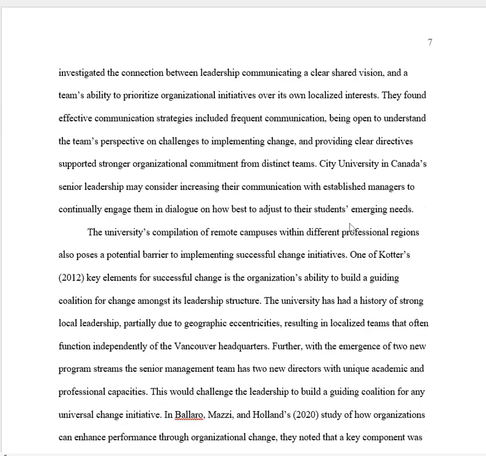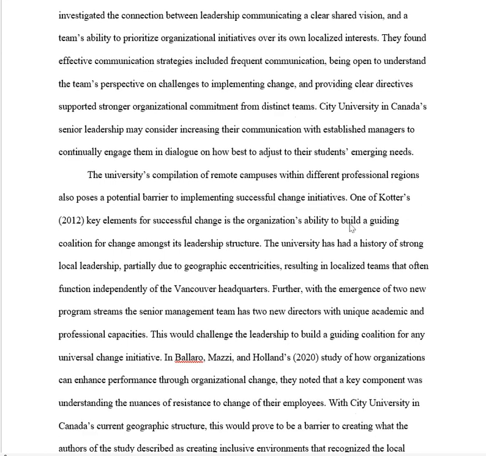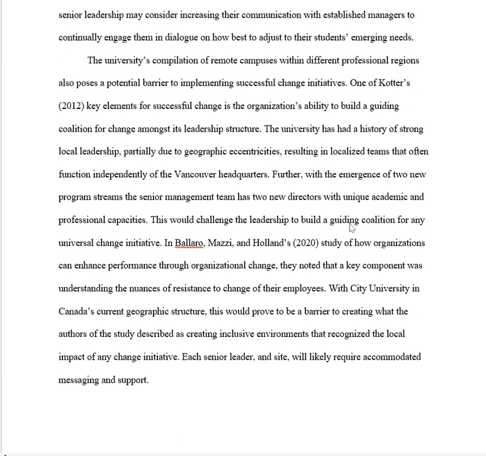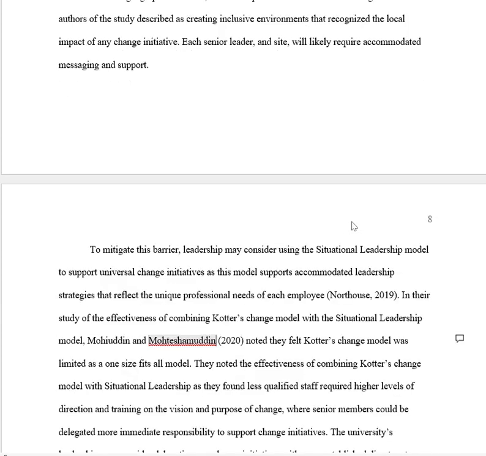So it looks like this author could have done a better job of supporting those ideas of factors that make organizational change a little more challenging. So what are those factors?